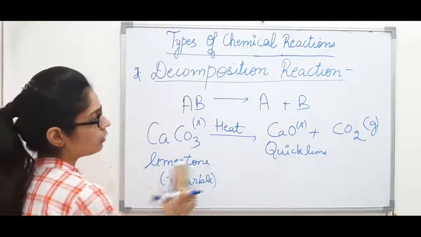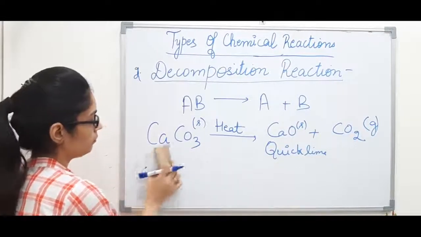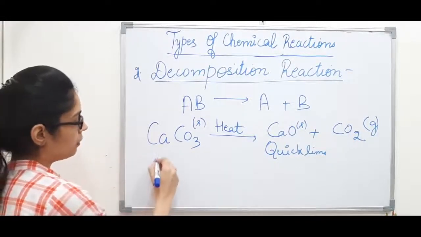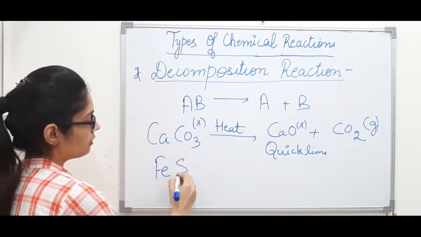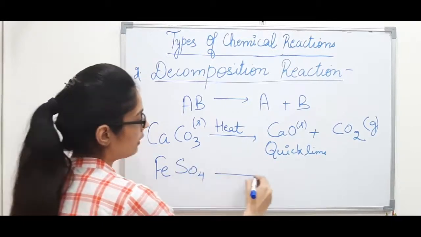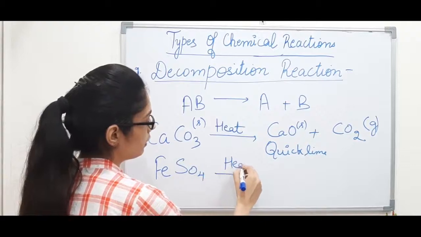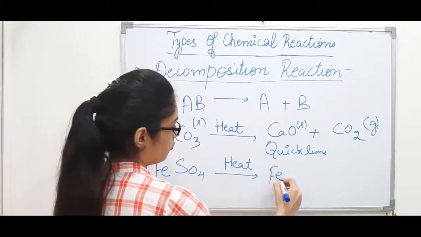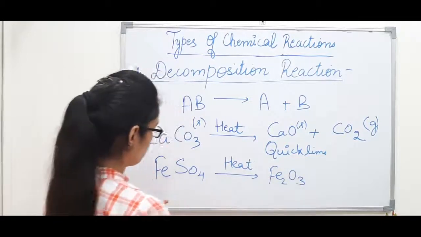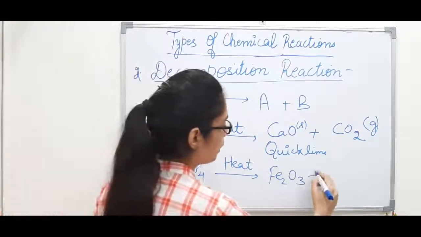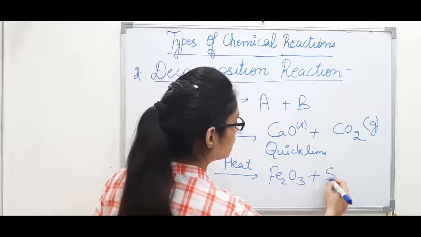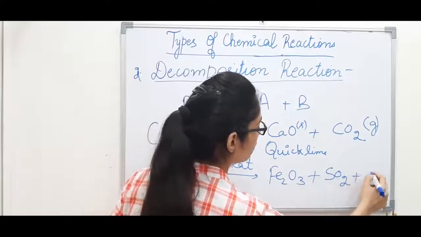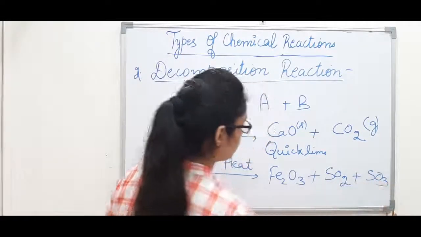So let's take one more example. Now we will take the example of ferrous sulfate. Again, on applying heat, it will be broken down into Fe2O3, ferric oxide, plus sulfur dioxide plus sulfur trioxide.